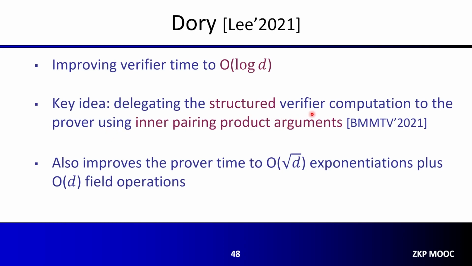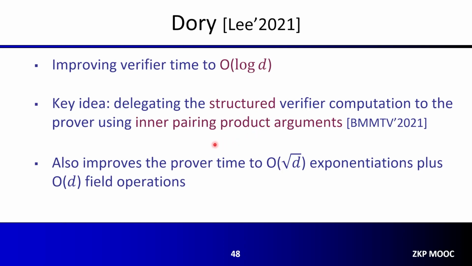Recall that the verifier has to update this basis to generate a new set of global parameters by combining two elements in the old global parameters. And this is a very well-structured computation. You always take two elements from the global parameters that are publicly known and combine them using the random numbers chosen by the verifier.